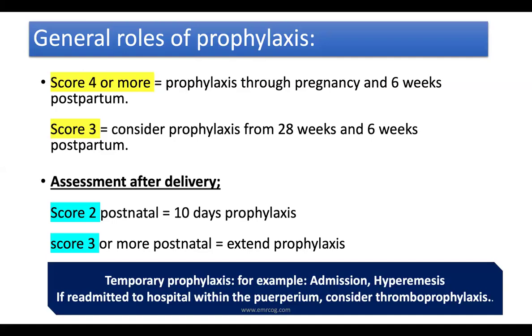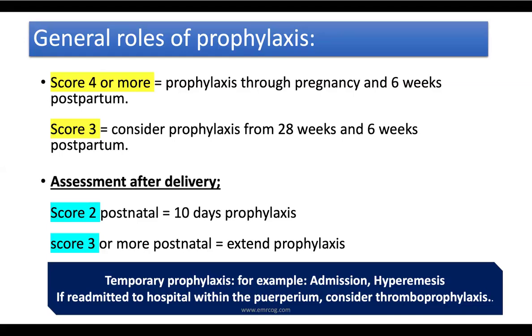The general rule of this thromboprophylaxis is that we are guided by the scoring system of the RCOG, and the algorithm is very famous. You count the risk in each particular woman, and if the woman scores 4 or more, that's an indication to start VTE prophylaxis with low molecular weight heparin from early pregnancy, as early as possible, or at the time the assessment is done, until 6 weeks after delivery.